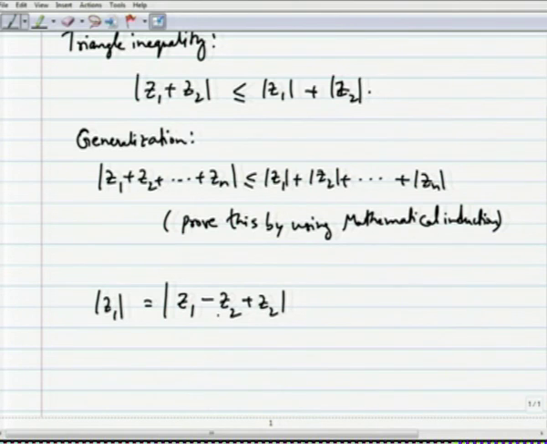So, I am adding and subtracting z 2. By the triangle inequality, if I treat this as one complex number, and this as the second complex number, this is less than or equal to the modulus of z 1 minus z 2 plus the modulus of z 2.